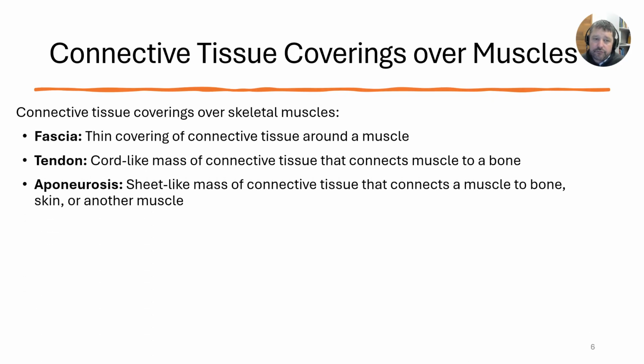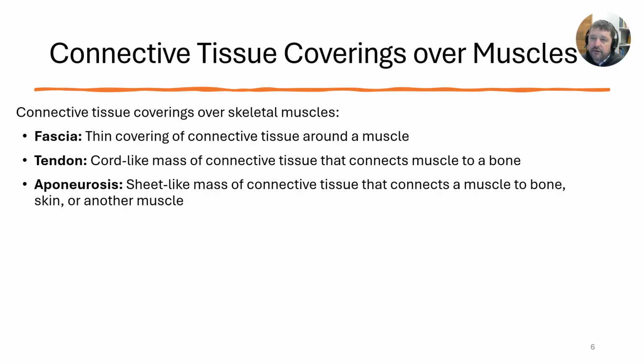Okay, the fascia is a thin covering that covers over the muscle. It provides support, but also it just holds it in place. And it keeps it from being bumped, bruised, torn, abraded, that kind of thing, along with other connective tissue around.